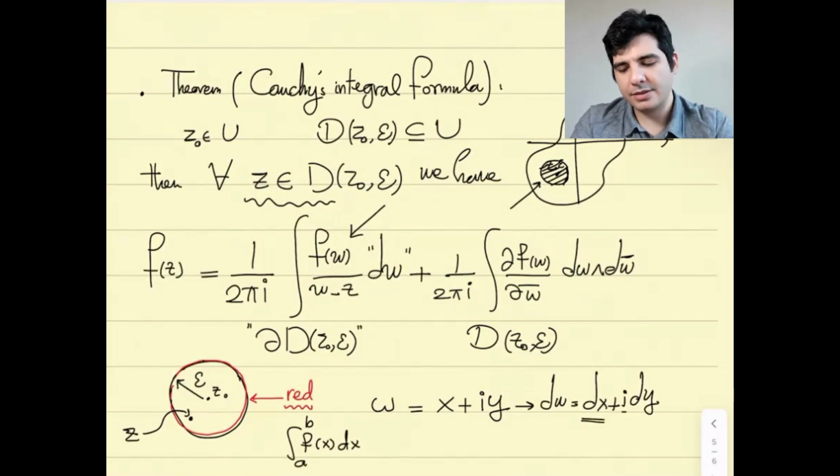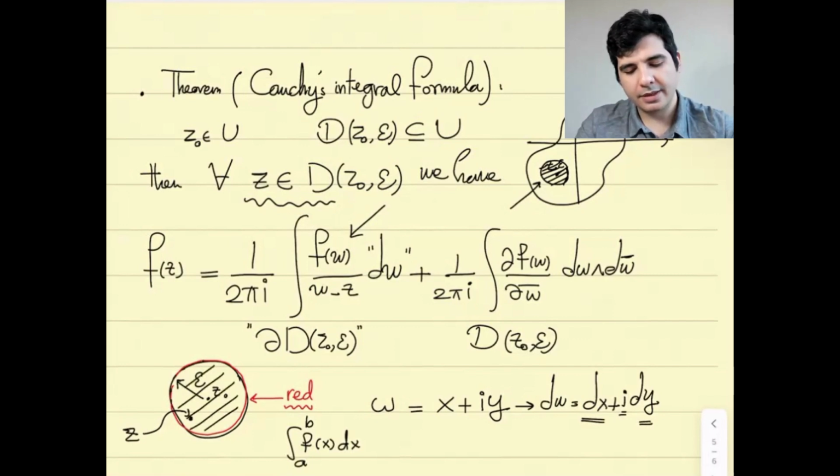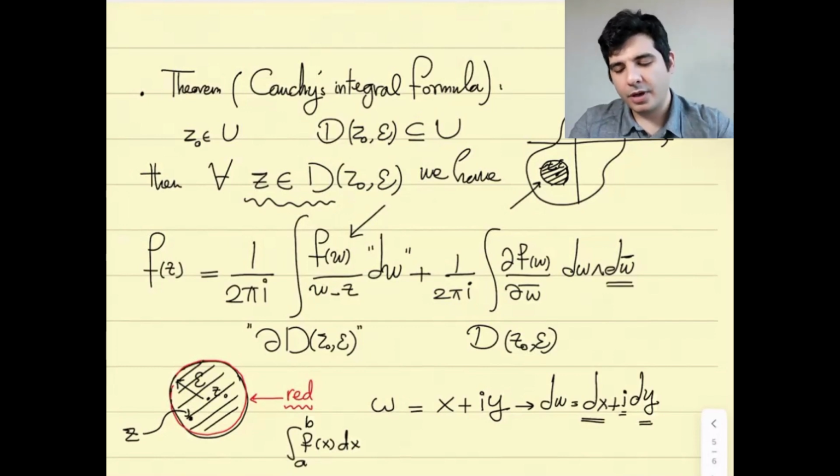The second integral is not over the one-dimensional boundary. The integral is over the whole two-dimensional disk, so we integrate all over the disk, not just its boundary. And dw bar is dx minus i dy.